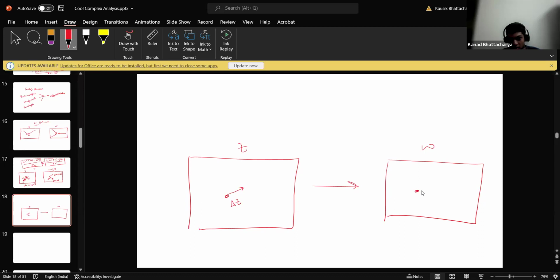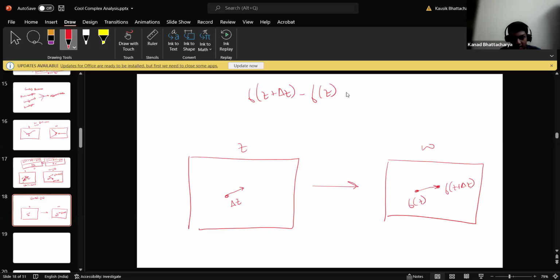And we want to know how delta f, or f of z plus delta z, wait, let's say this point is f of z plus delta z. This is f of z. We want to understand how this ratio works, how this difference works, right? So approximately, think about the real case, right?